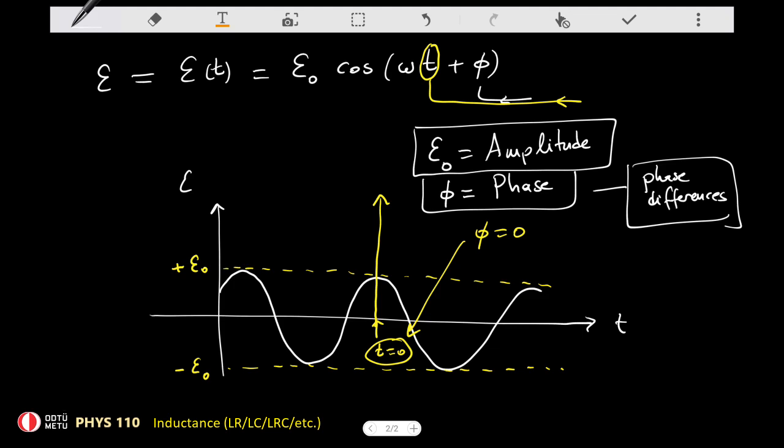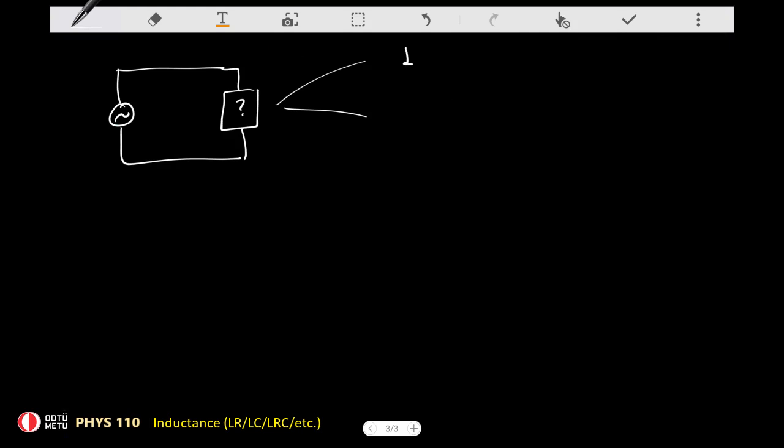So for example, we have a circuit like that. We have an alternating current circuit, connected to something in here. That something may contain lots of different things. It might contain a resistor, an inductor, and a capacitor.